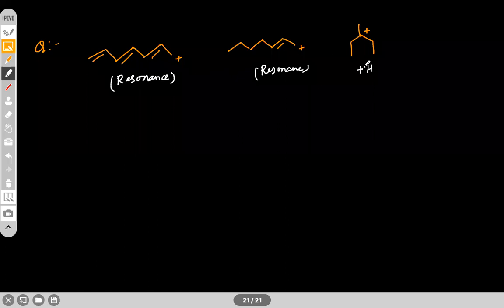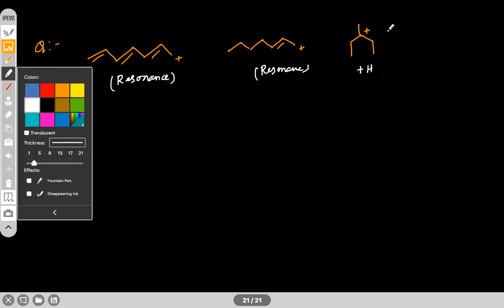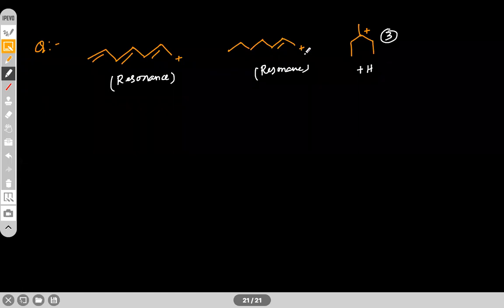So we know resonance dominates hyperconjugation. Okay. So obviously the third one is the least stable, that is 3, because of hyperconjugation. Now both have resonance. The one which has more resonating structures is more stable. So this is 1 and this is 2, larger conjugation we can say.